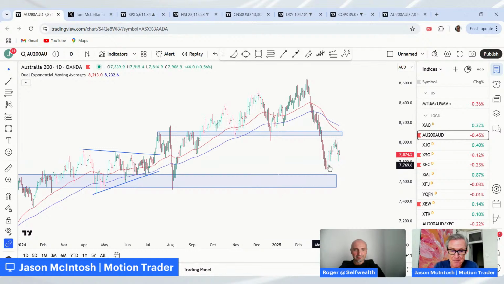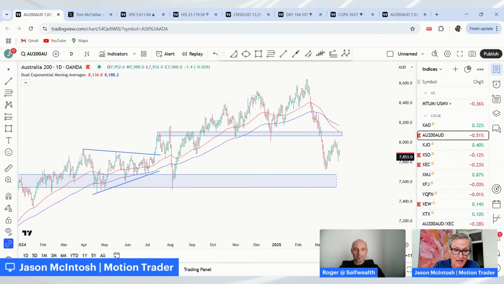After back-to-back up weeks, last week and the previous week, we got our first back-to-back up week since early February. After a decent couple of weeks, the volatility has very much returned to the ASX 200, and this is something we did speak about last week.